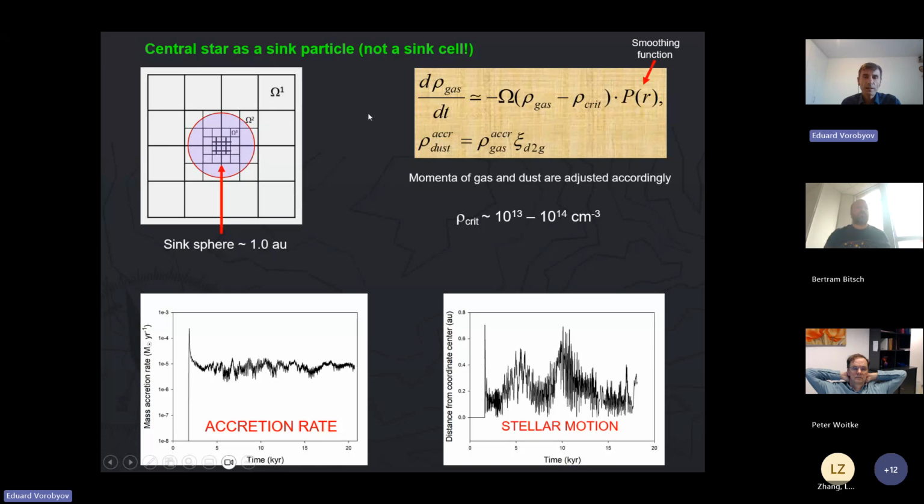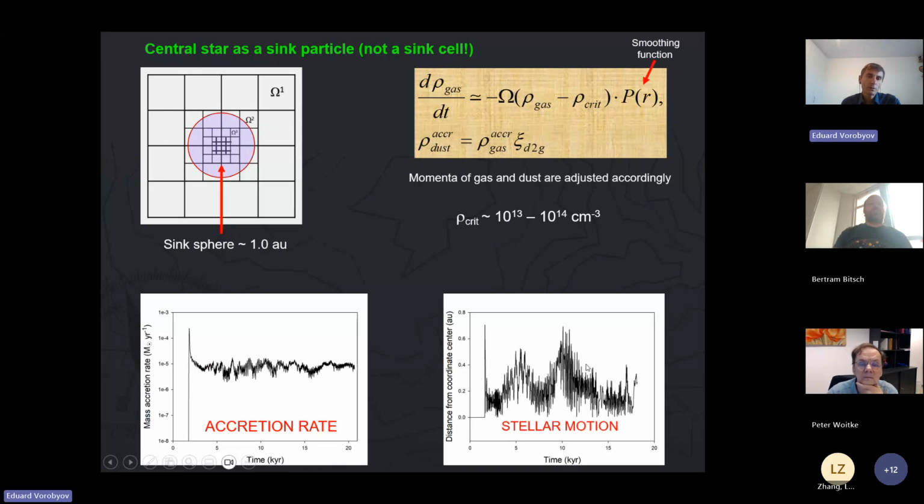We extract that density and put it into the central star. The dust is also extracted accordingly. Momentum of gas and dust are also adjusted accordingly. And this is the sort of accretion rate we get with the sink.